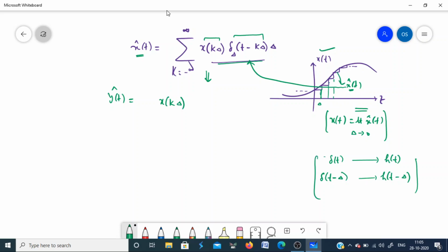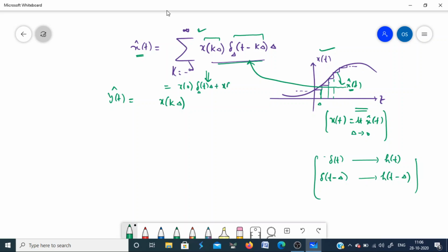Okay. And another property that you have is linearity, because since this is a linear combination of different weighted pulses, we can add their individual outputs. So first is x of k del, or I can also write this equation as, suppose, if you expand this equation, this becomes, when k is 0, x0 del t.